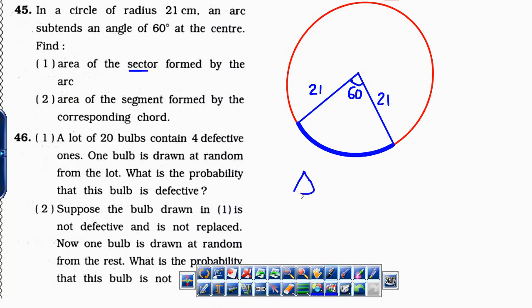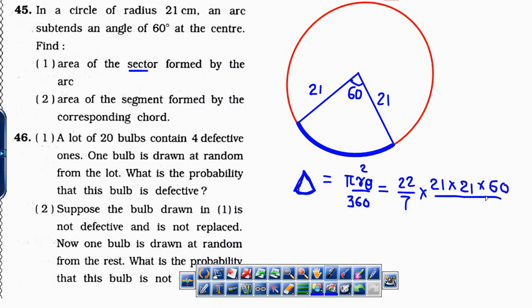Sector means the slice of pizza, and the formula for finding the area of sector is pi r square theta upon 360. Pi r square, theta means the angle, upon 360. 7 3s are 21, and 60 and 360 cut 6. 2 into 11.